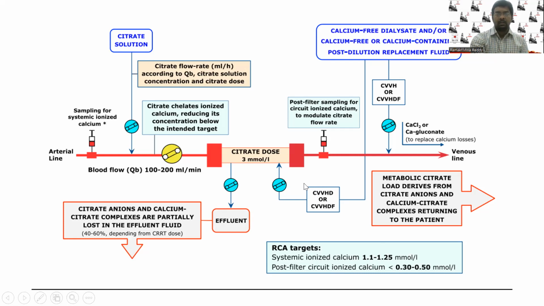In CVVHD with citrate anticoagulant, the dialysate should be free of calcium. Whereas in CVVHDF, in addition to calcium-free dialysate, you are using a replacement fluid. It can be pre-filter or post-filter. When you are using a pre-filter replacement solution, the citrate solution itself can act as the pre-filter replacement fluid, whereas the post-filter replacement, just like the dialysate solution, should be free of calcium.